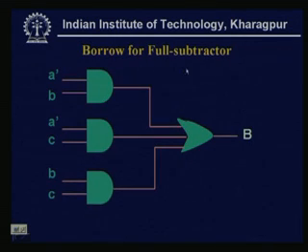Now, if it is the borrow for the full subtractor, then only the inputs are different, otherwise the structure is totally the same. For the first AND gate, the inputs are A dash and B, so one complemented variable is there. For the second AND gate also one complemented variable A dash is there. For the third one it is only B C, and 1 3-input OR gate is needed. So, the structure is totally the same, only one complemented input is added.